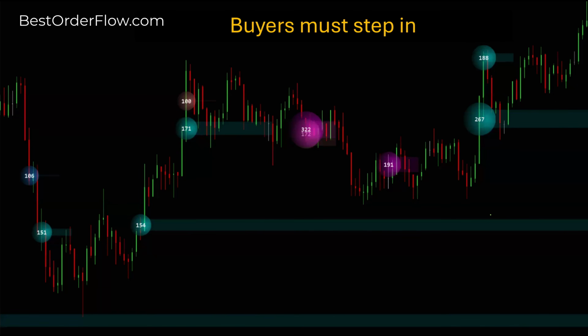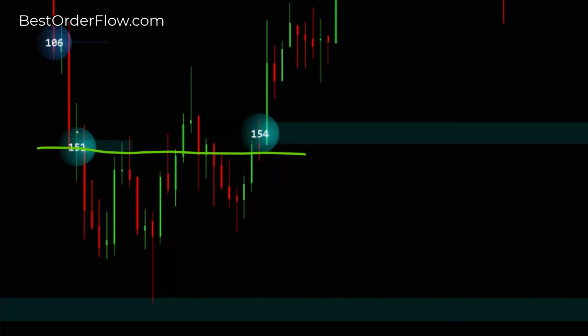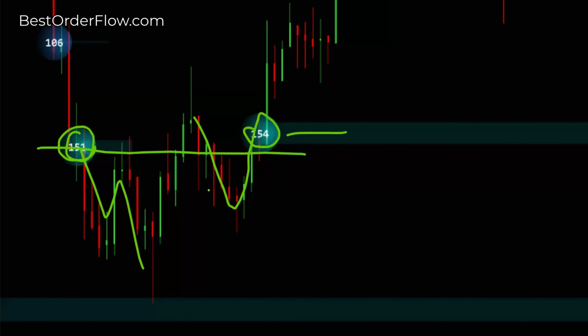And then what are you going to look for? The key is over here: this is where somebody actually entered as a buyer, but the price went in the opposite direction. Maybe that was somebody hedging, and then the price went lower, and then boom, we went over here, and it created the zone. This is the buyer's zone.